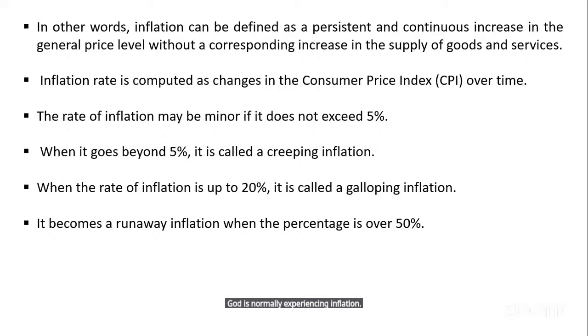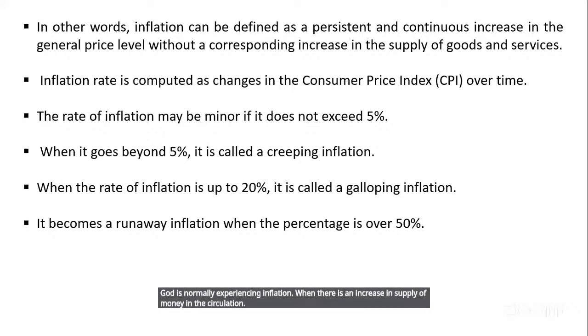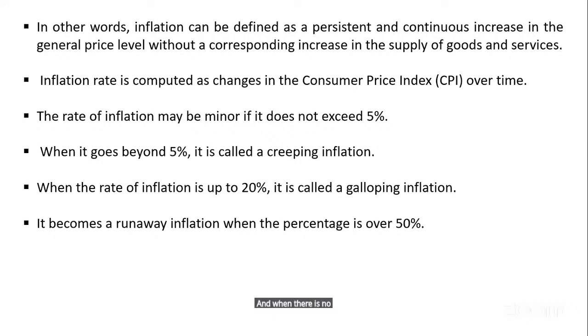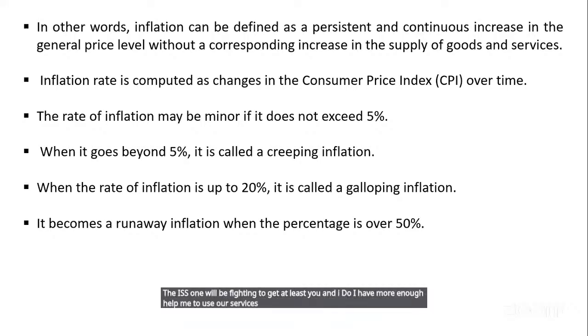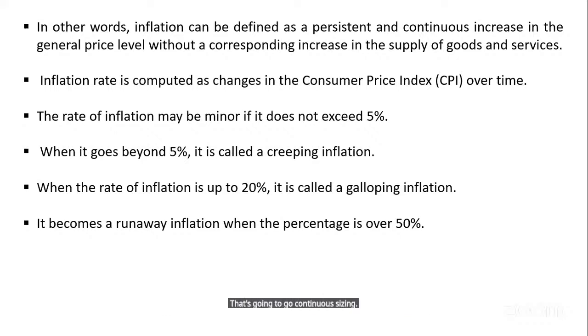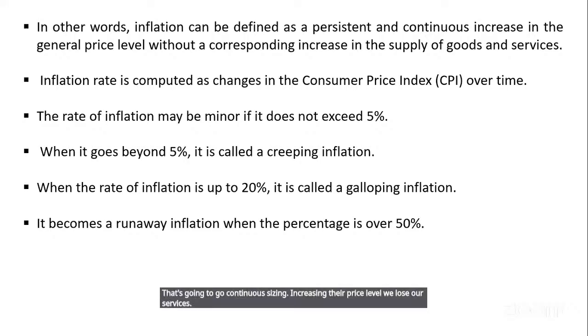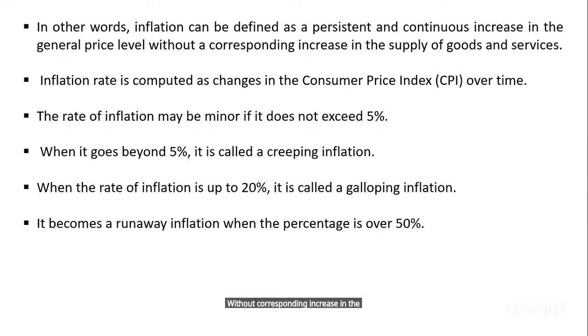When there is an increase in the supply of money in circulation, and there is no increase in the supply of goods and services, automatically the excess money will be fighting to get the little goods that are available. You and I don't have enough output of goods and services, so definitely the money we have, we will be using it to purchase the remaining goods at a higher price. That is what we call a continuous rise in the general price level of goods and services without a corresponding increase in their supply.